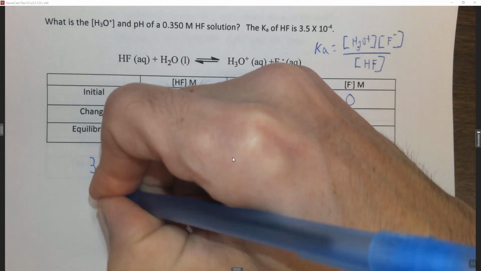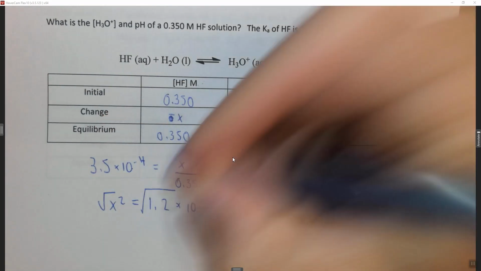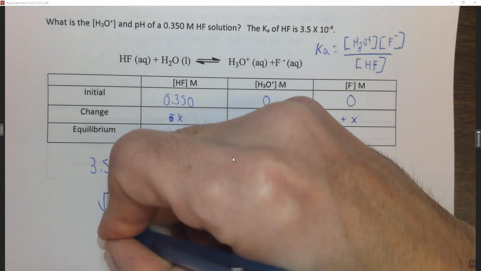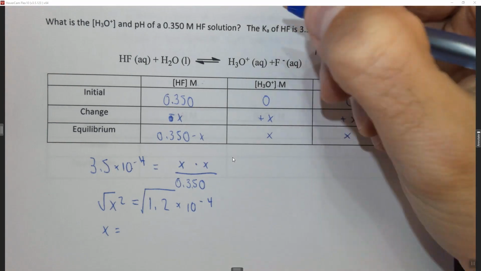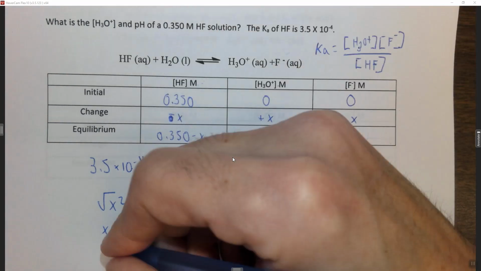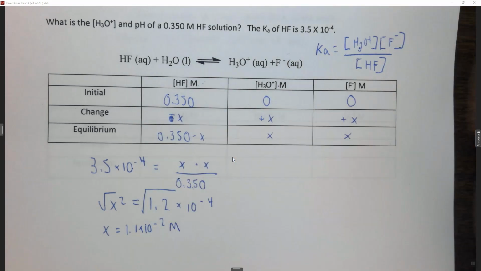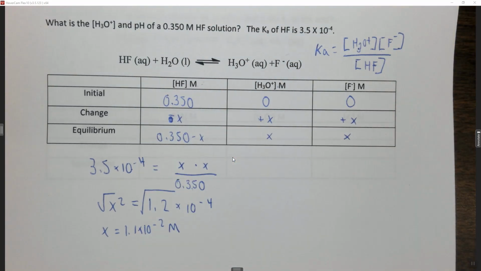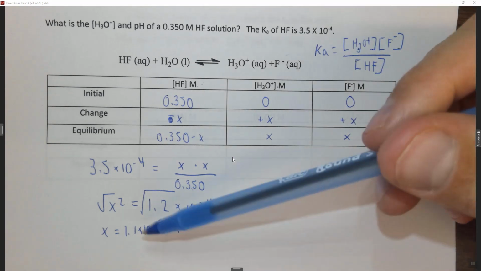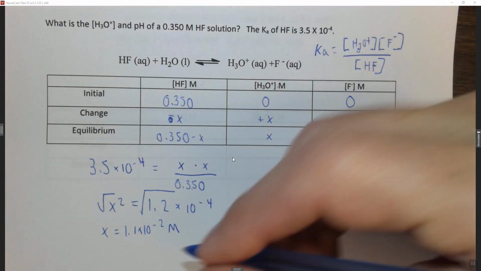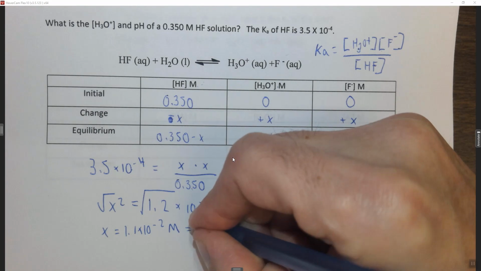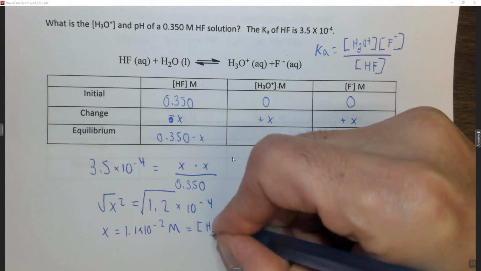Now, take the square root of both sides, and you get X equals, only the positive answer because it's molarity, 1.1 times 10 to the minus 2 molar. This is exactly the same as you did before for Kc values, except now we're doing it for acids. So what is this actually? Well, this X is equal to the concentration of H3O+.